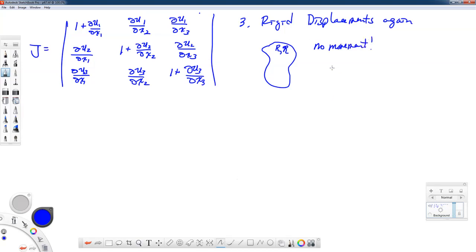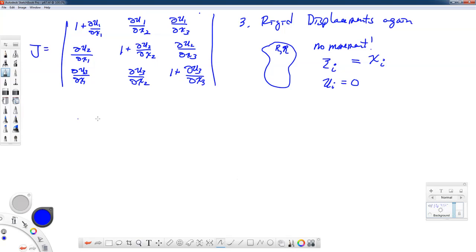So we have absolutely no movement, and every point xi sub i is just exactly equal to every point x sub i. We have no displacement. All of our u sub i is equal to 0.